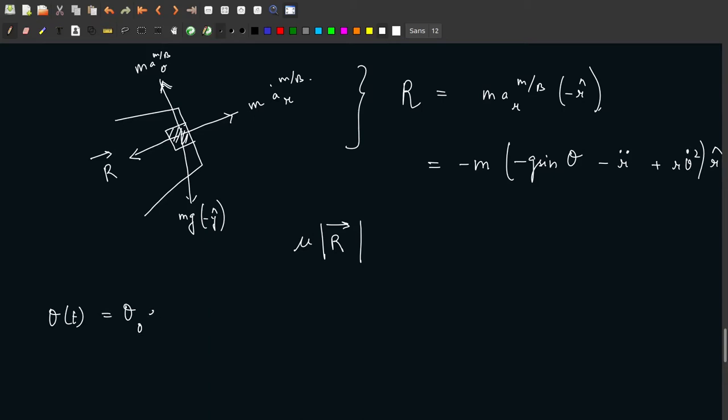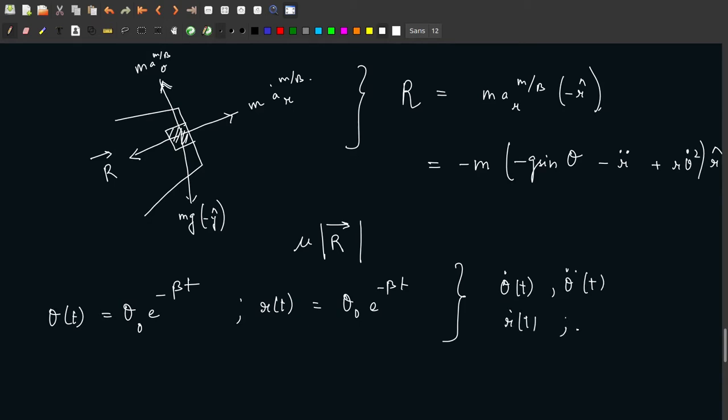So theta equals theta naught into e to the power minus beta t, and the radial distance with respect to time is also theta naught into e to the power minus t. And from that you can calculate, as I have pointed out earlier, theta dot and theta double dot, as well as r dot and r double dot.